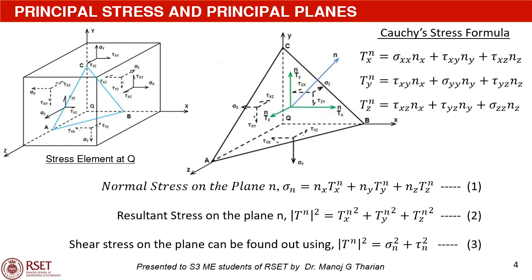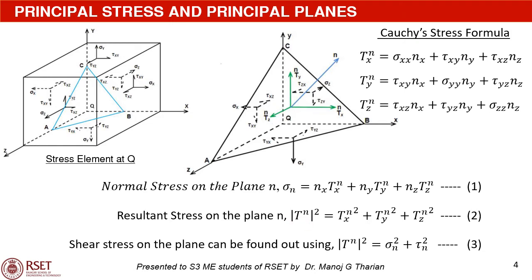The resultant stress vector Tn on plane n can be found out using equation 2. Knowing the values of Txn, Tyn and Tzn, substitute these values in equation 2 and we get the value for the resultant stress vector Tn.